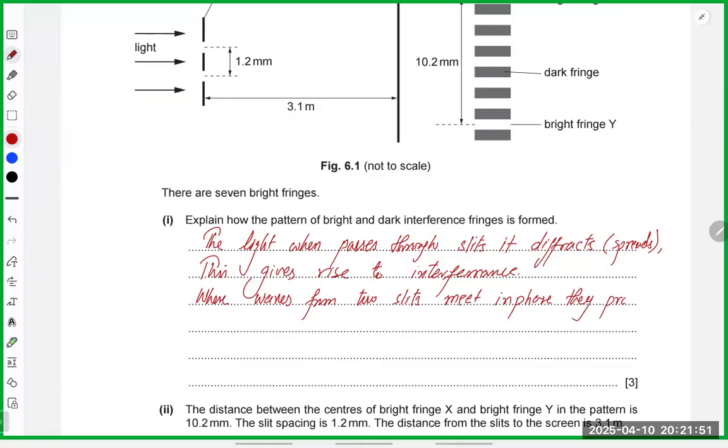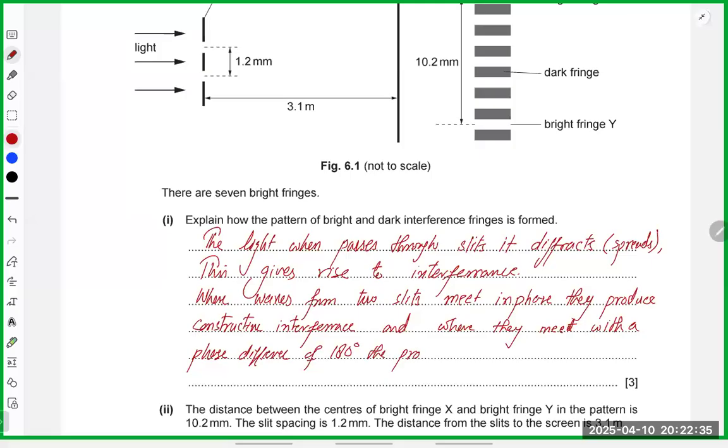They produce constructive interference, and where they meet with a phase difference of 180 degrees, they produce destructive interference.